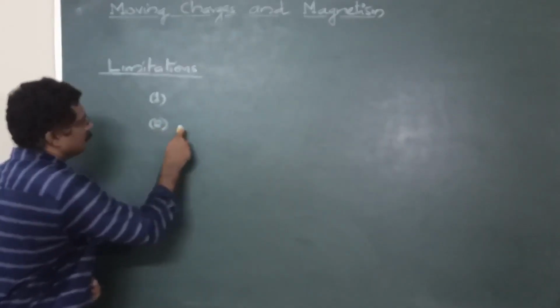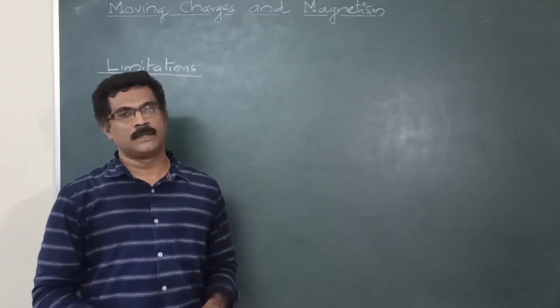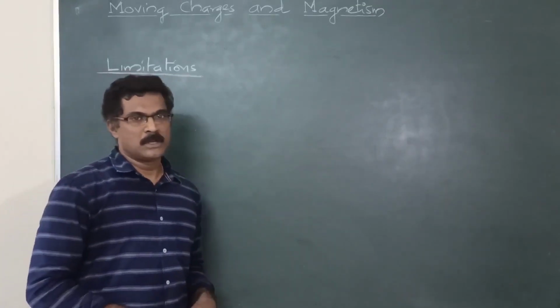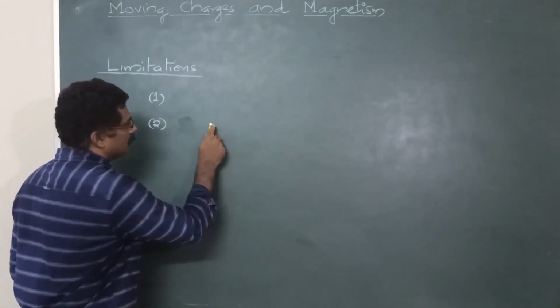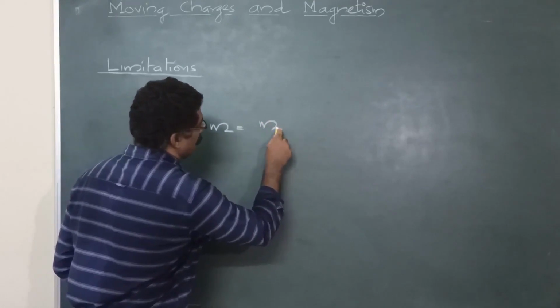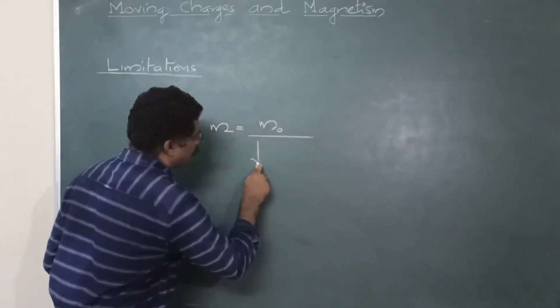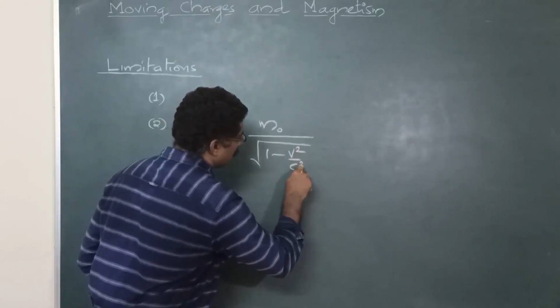Second point, that is the limitation due to relativistic effect. We know that according to Einstein's theory of relativity, mass m is equal to m0 divided by root of 1 minus v square divided by c square.